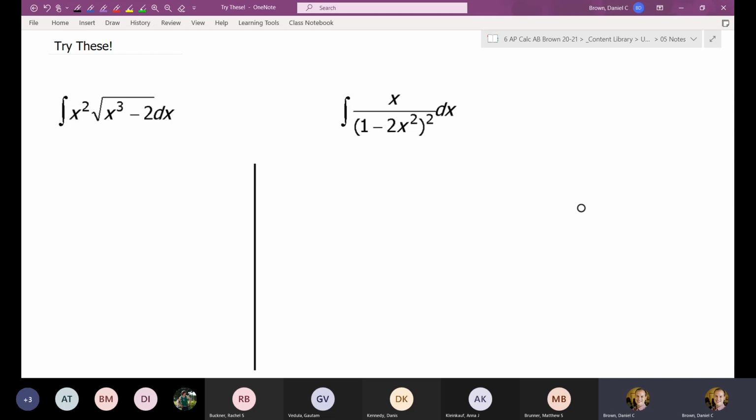So I'm on the try these slide. And again, if you don't memorize anything today, at least memorize that dx is equal to du over u prime. But take a moment to try those two. We'll go over it, and this is actually where I'm going to stop today's notes.